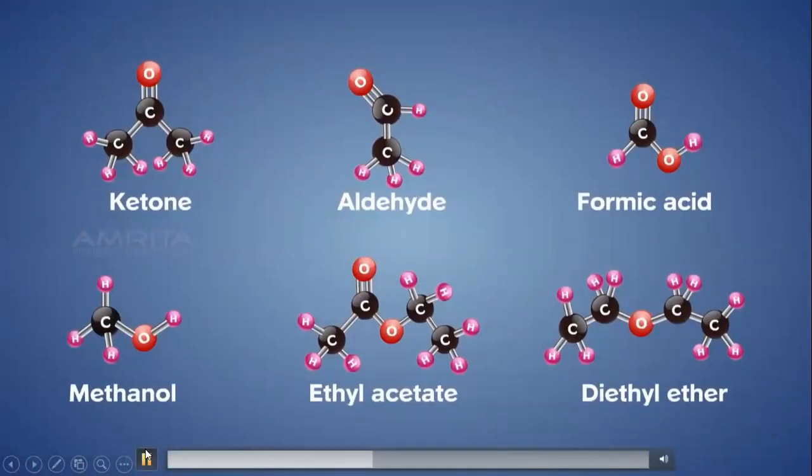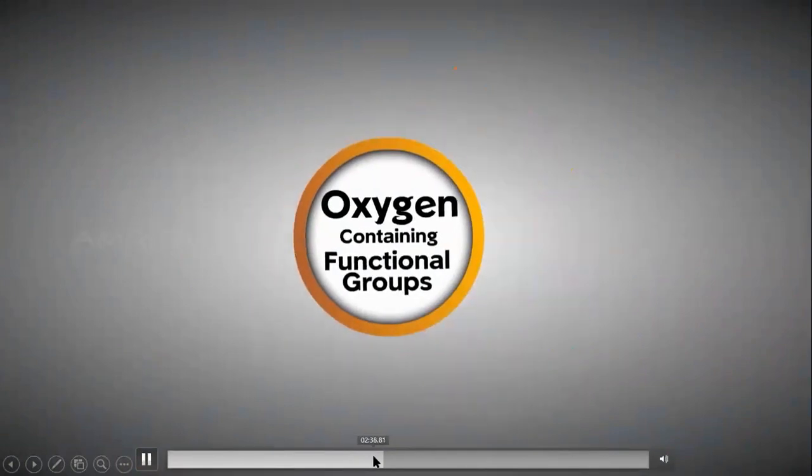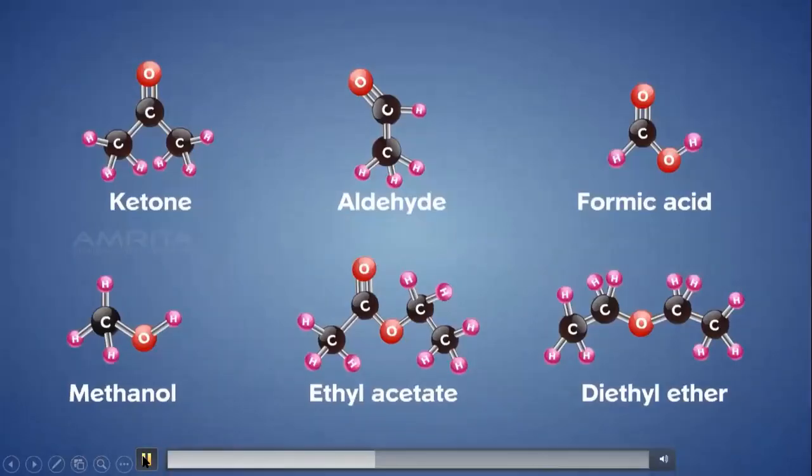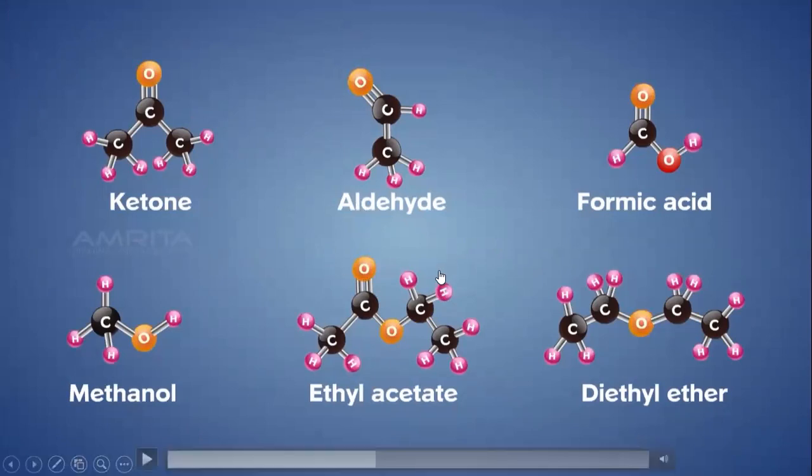These are some of the functional groups: ketones, aldehyde, formic acid, methanol, ethyl acetate, and diethyl ether. One common thing in all these functional groups is the presence of oxygen.